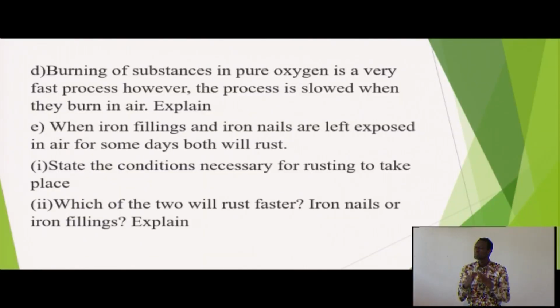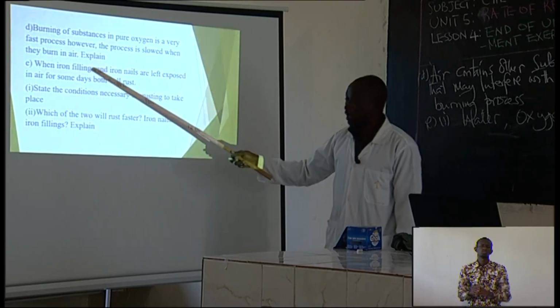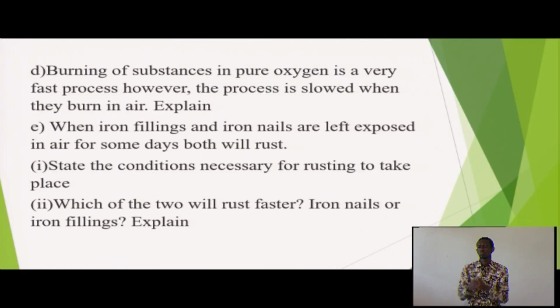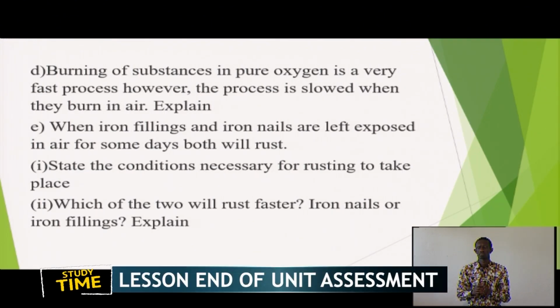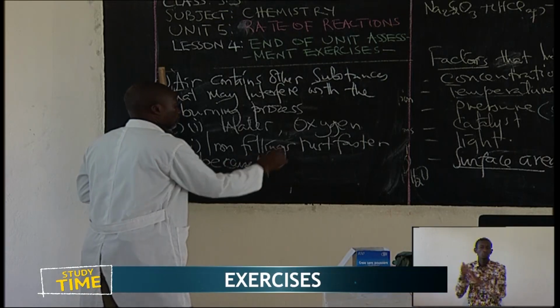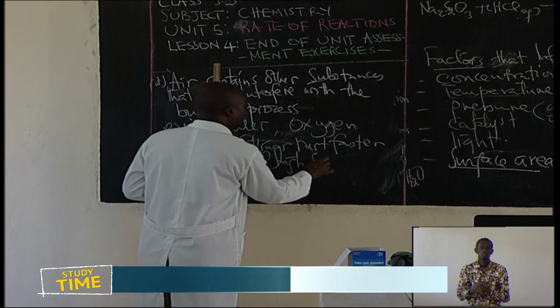Which of the two will rust faster, iron nails or iron filings? I've talked about the effect. Iron filings rust faster. Why? Because of high surface area.